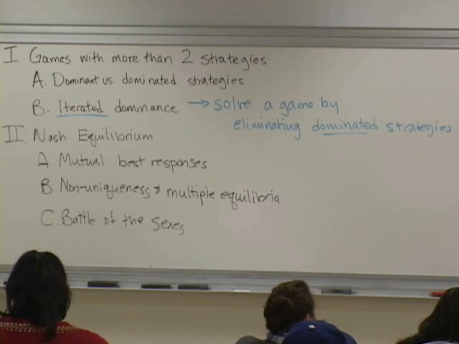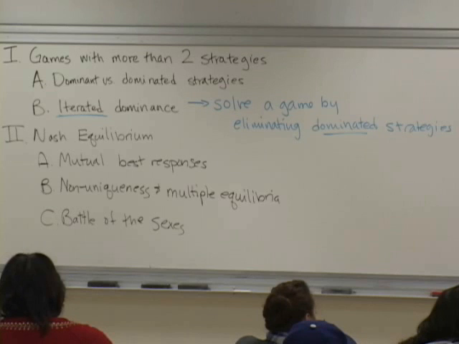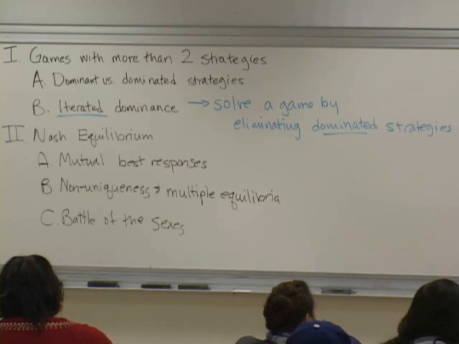So Elaine's asking, is this sort of a general algorithm? Okay, look for dominant strategies. If there aren't dominant strategies, look for dominated strategies, cross out the dominated strategies, and then look at the smaller game and repeat the same process. Yes, that is a pattern that you can use. It's not a pattern that's going to work every time.